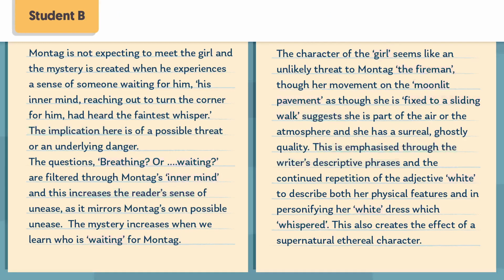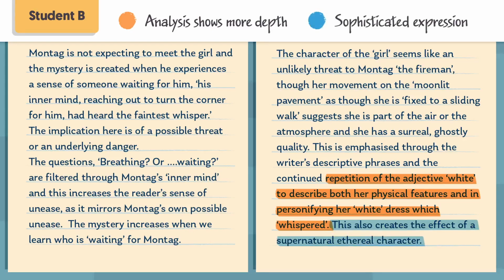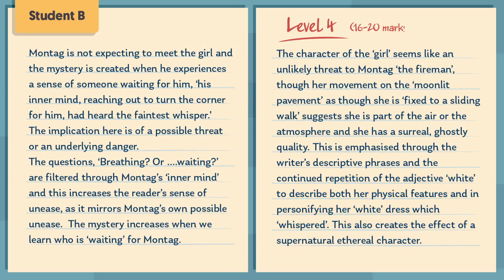The work on methods shows a little more detail and depth here. For example, their discussion of the word white expands to include some thoughts about personification too. Finally, the comments on effect are expressed in a slightly more sophisticated way. This style of writing comes with practice, and would push the student up to a level 4 in the mark scheme. We'll leave it there.